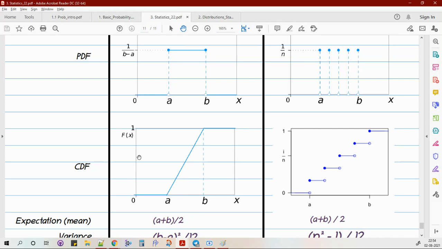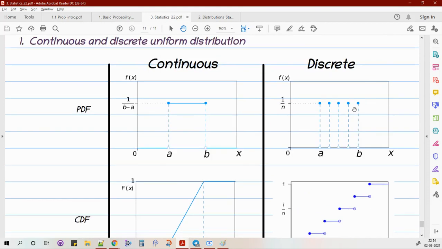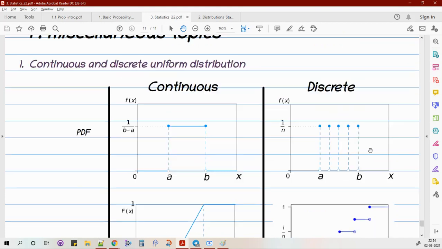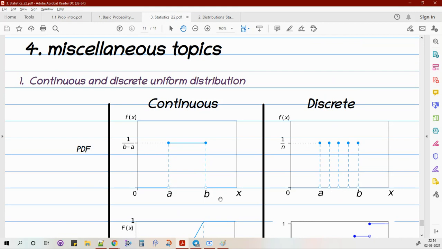So it's nothing but the CDF. And in case of a discrete random variable, the first would be 1 by n, then 2 by n, then 3 by n, 4 by n, and then n by n, which is 1. So the CDF will look something like this in case of discrete uniform distribution.